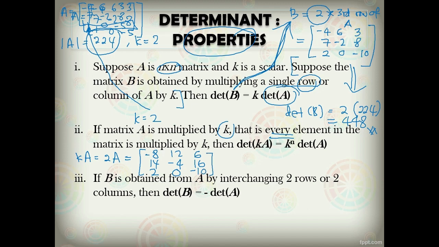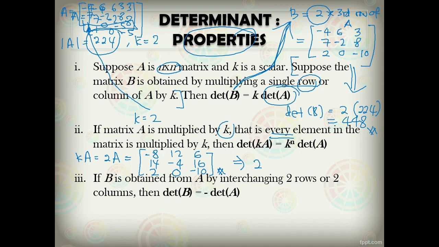If you were asked to find the determinant of this new matrix, you just apply the determinant properties. You don't have to go through the hard process. Just take k, which is 2, to the power of n, times the determinant of matrix A, which is 224.